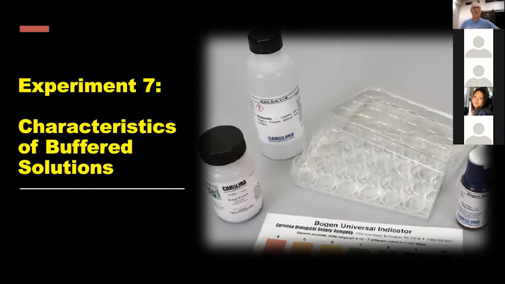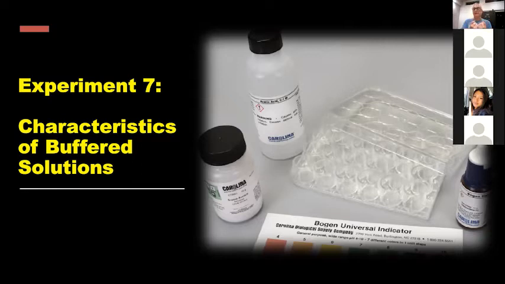Anyone tell me what a buffer does? What does a buffer do for us? It resists a drastic change in pH. Exactly right. Excellent.